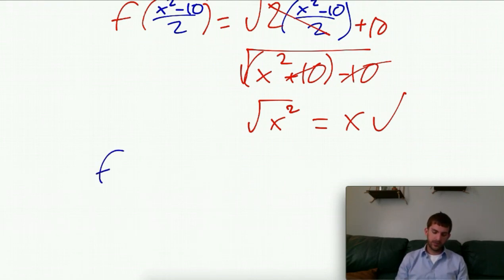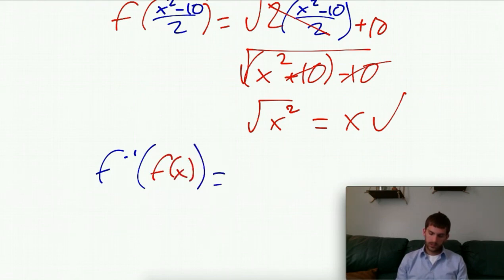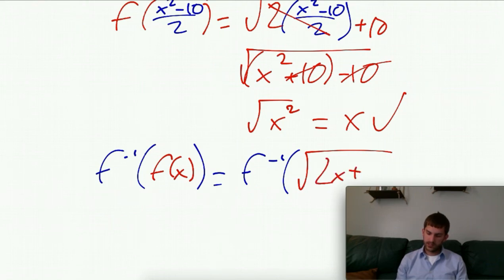So now we're going to take the inverse function and plug in the original function. So that means we're going to do f inverse of the original function, which was the square root of 2x plus 10.